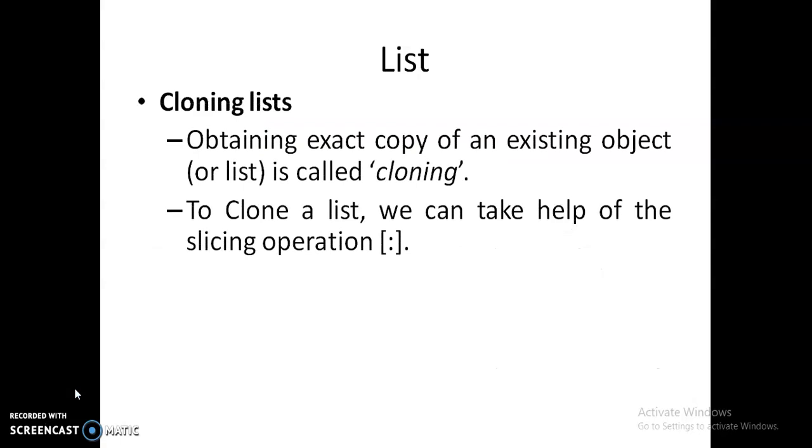Cloning of the list. Here this is the copy of the list. That is, you can copy one list of elements into another variable, which creates a copy as a separate variable, so that whenever you modify the first list, it doesn't modify the second list.